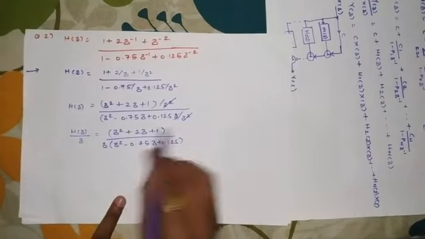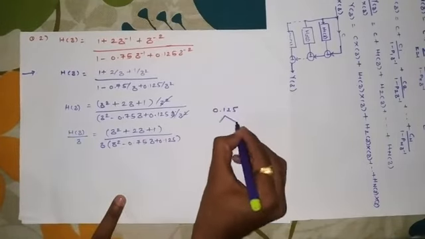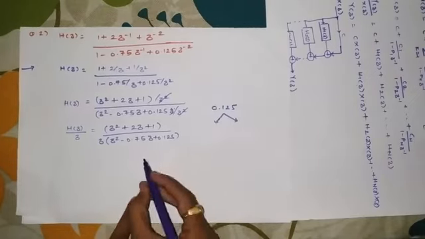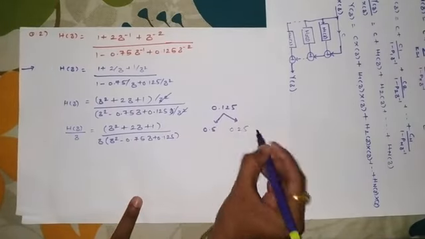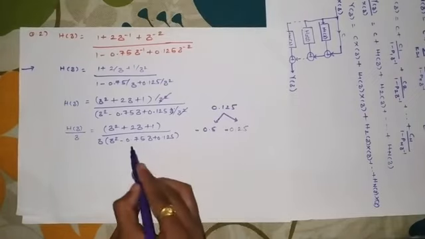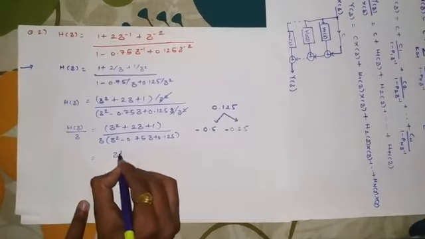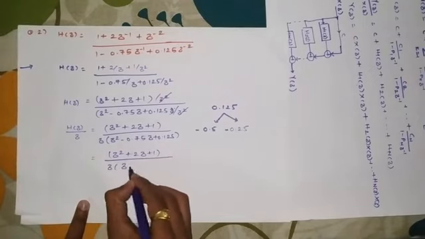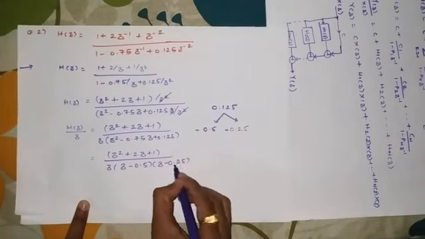So first we'll find factors of 0.125. By factorizing this, or simply putting those values in the calculator, we'll get the factors as 0.5 and 0.25, and both should be minus. Here it is plus, the multiplication will be plus and their addition will be with sign minus. So this equation holds: z square plus 2z plus 1 divided by z into (z minus 0.5) into (z minus 0.25).